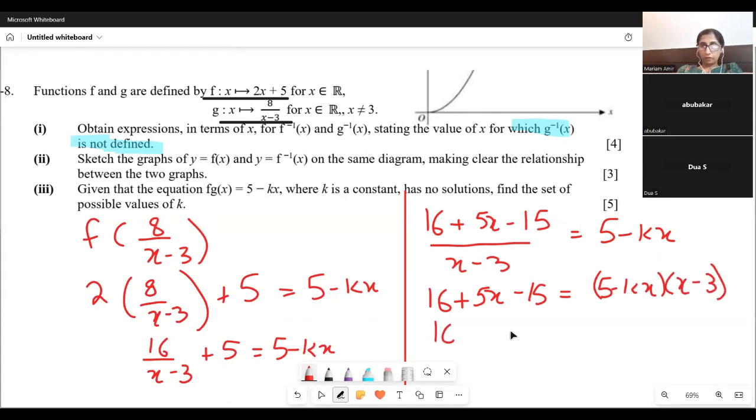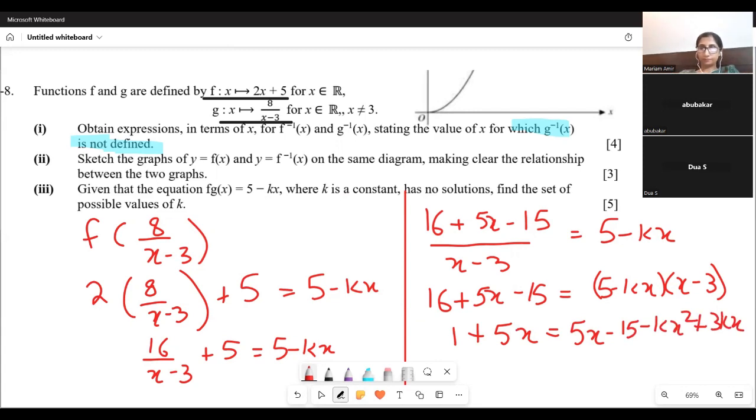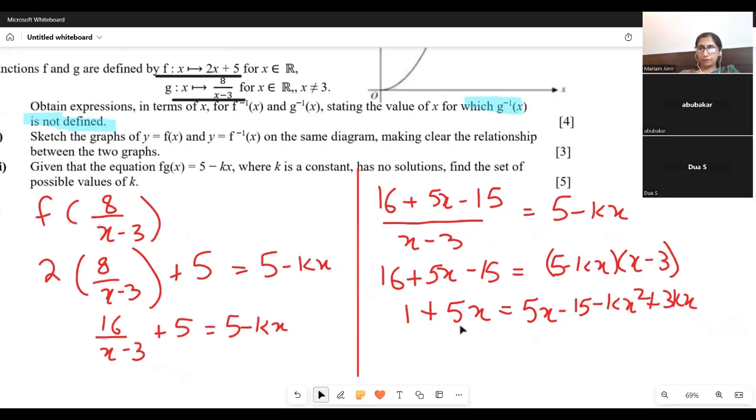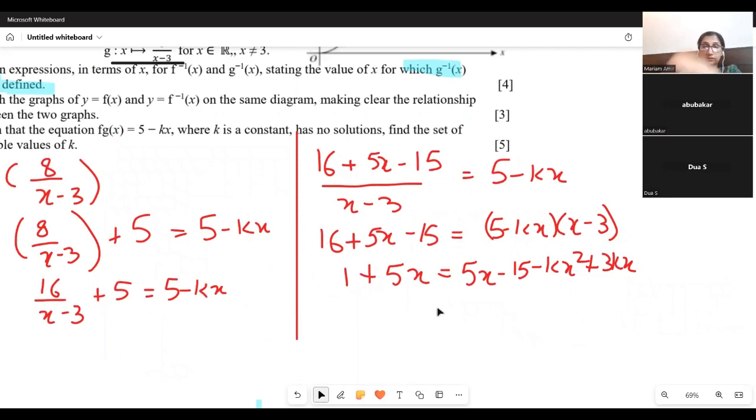Please thoroughly follow my working. There are very many chances of making mistakes here, I have many chances. 5x minus 15 minus kx square plus 3kx. 5x and 5x can be cancelled.